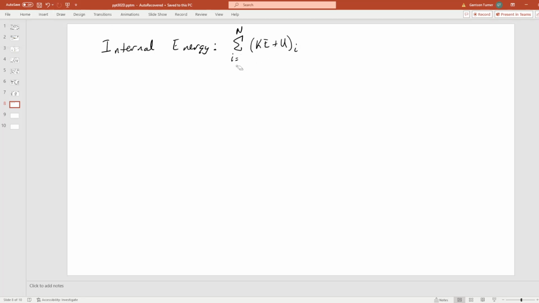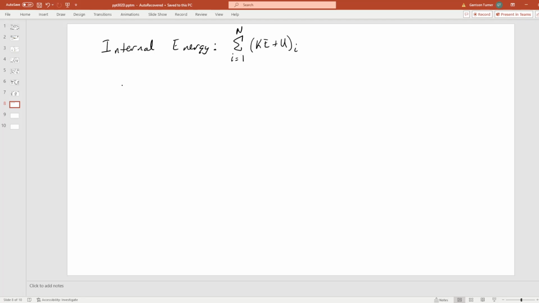I almost started to draw N here, but this needs to be 1. So, in a truly monatomic gas, and what we mean by monatomic is same type of atom, right? So you would only have oxygen or only have nitrogen, so on and so forth.